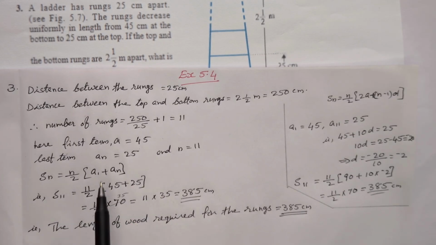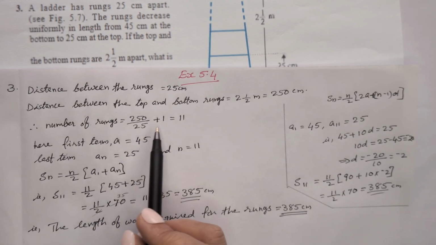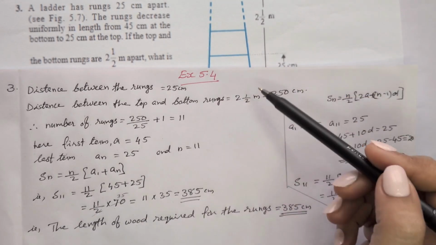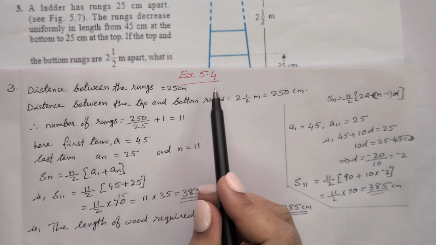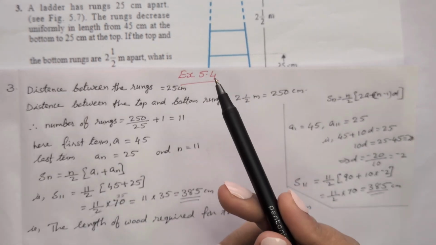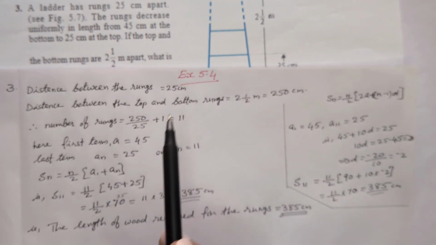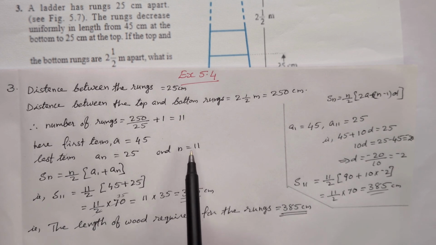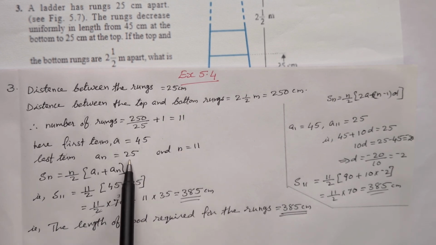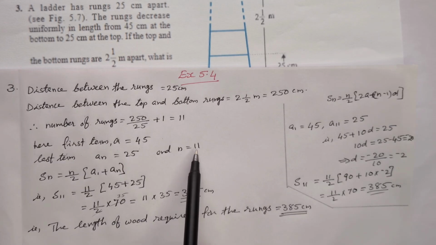First method, we can see this in the form of an AP, and the first term is 45 from the bottom, and the top rung, that means 25 centimeter, and the number of rungs we already got, that is 11. So first term, last term, n, all three are here.